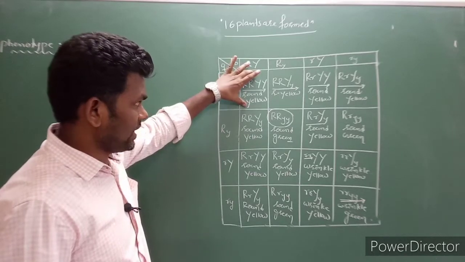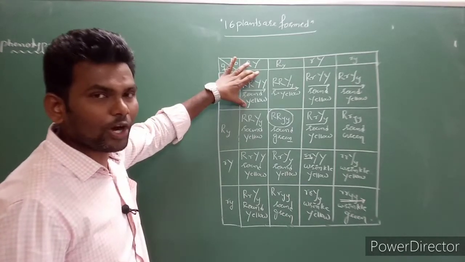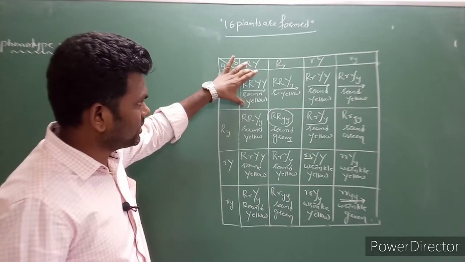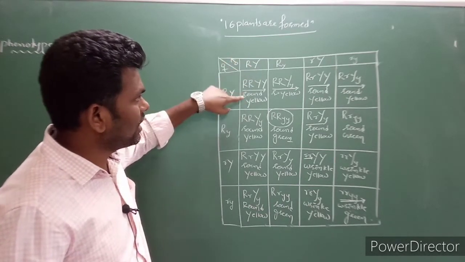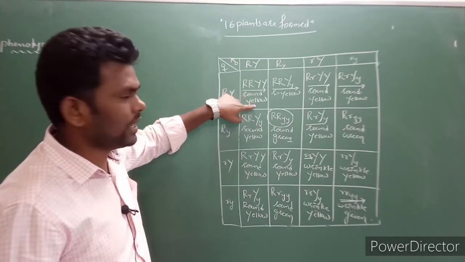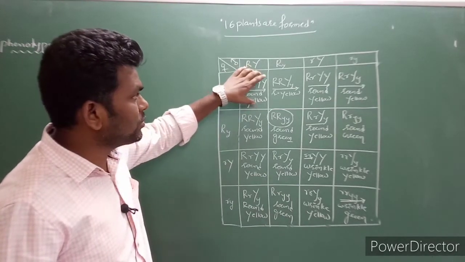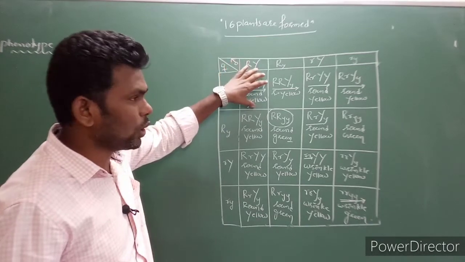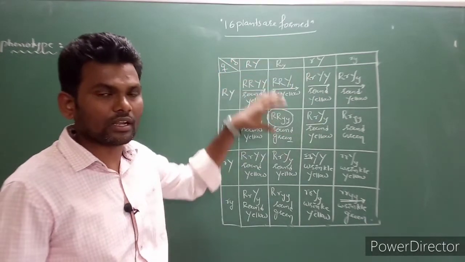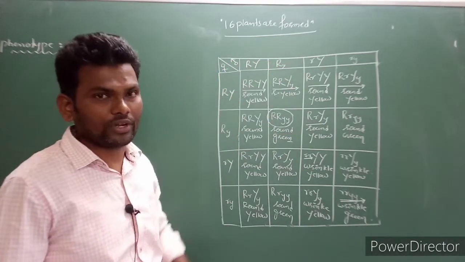This is one trait, like one zygote or one seed. So the seed is going to germinate and produce round seeds with yellow color. Like visible characters, external characters like round and yellow, how many seeds are there, that you have to notice.